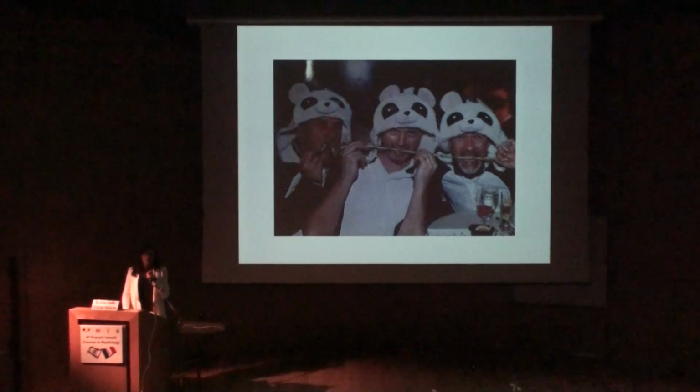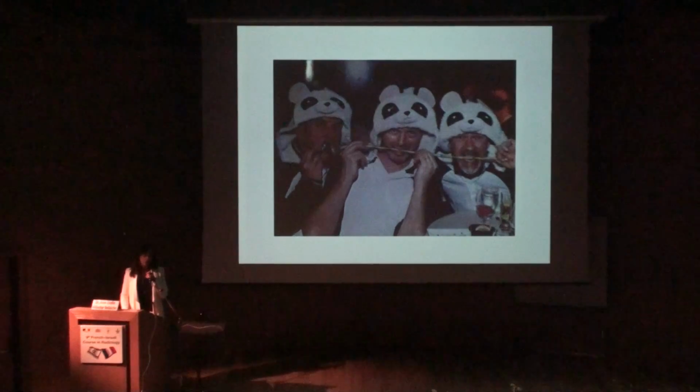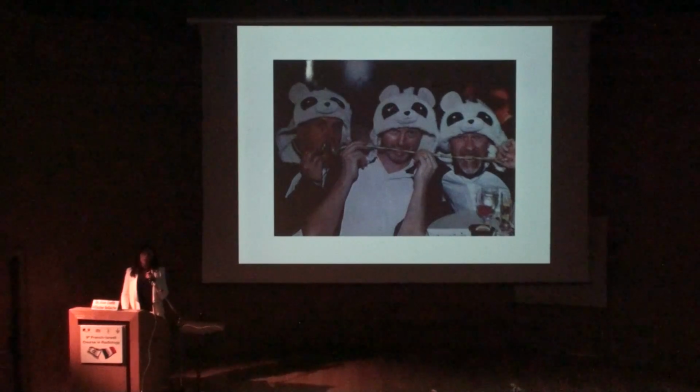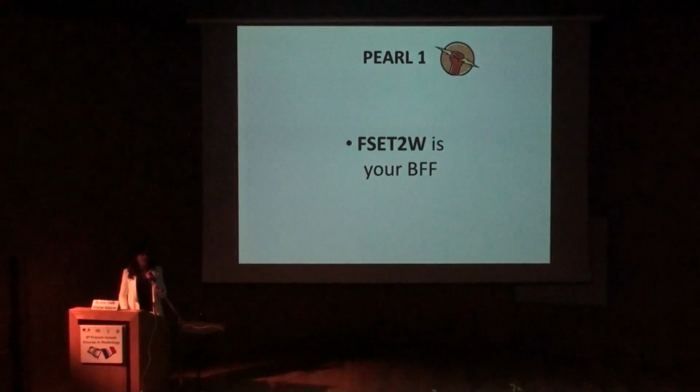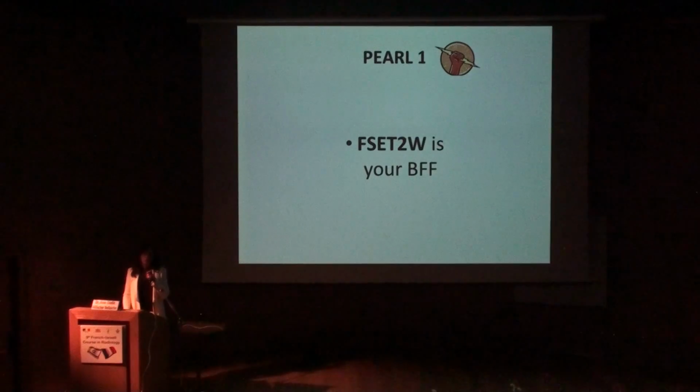First of all, when you start an exam, your favorite technicians ask you, what is your protocol? And the protocol has to be tailored to specific pathologies. And the first message is, T2 is your best friend forever.